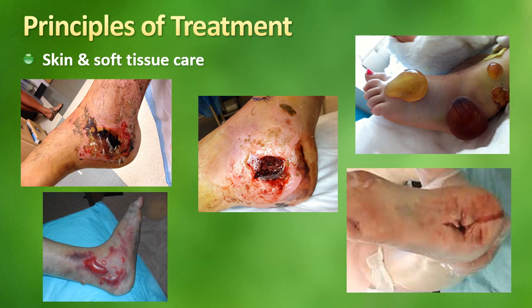Thereafter, the healing of the calcaneal fracture becomes very complicated. So if any compounding is there, it should be optimally debrided. If any blebs are there, they should be optimally managed. So before moving to the fracture part, one should take very good and dedicated care of skin and soft tissue around the calcaneum.